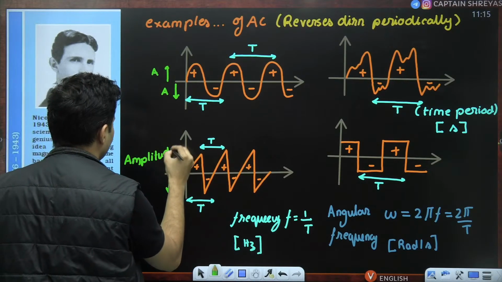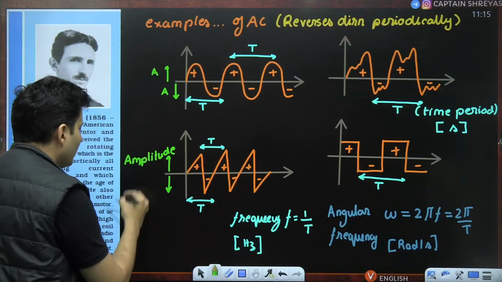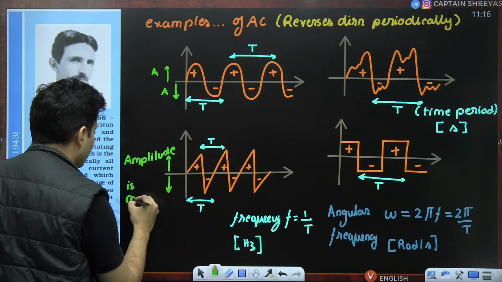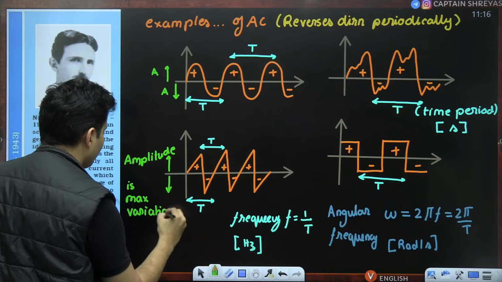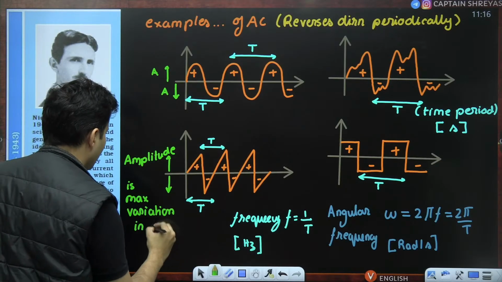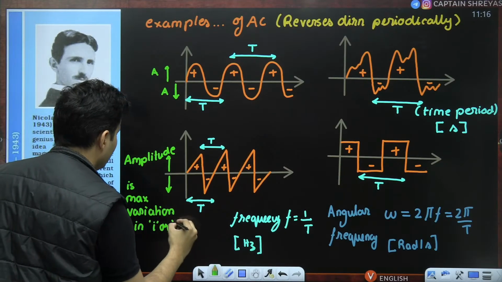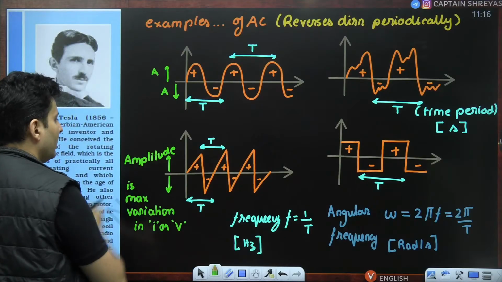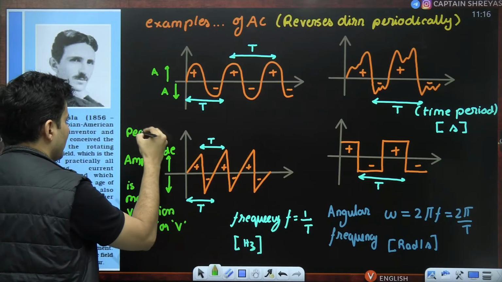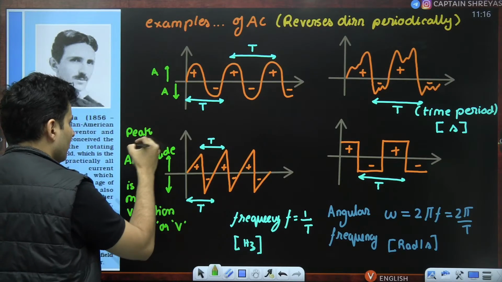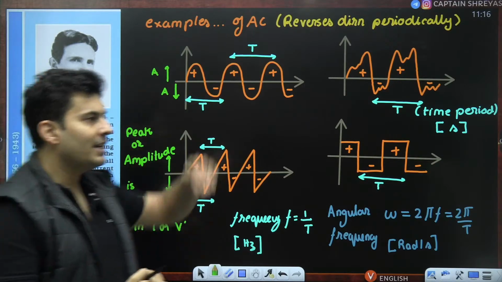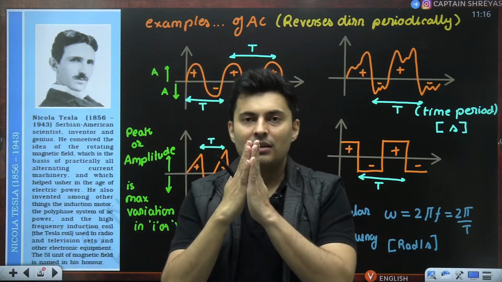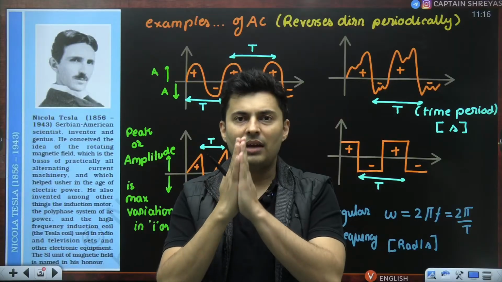Amplitude is the maximum variation in the current or the voltage. Sometimes it is also called the peak value, peak or the amplitude. A is how much variation there is from its standard mean average value.